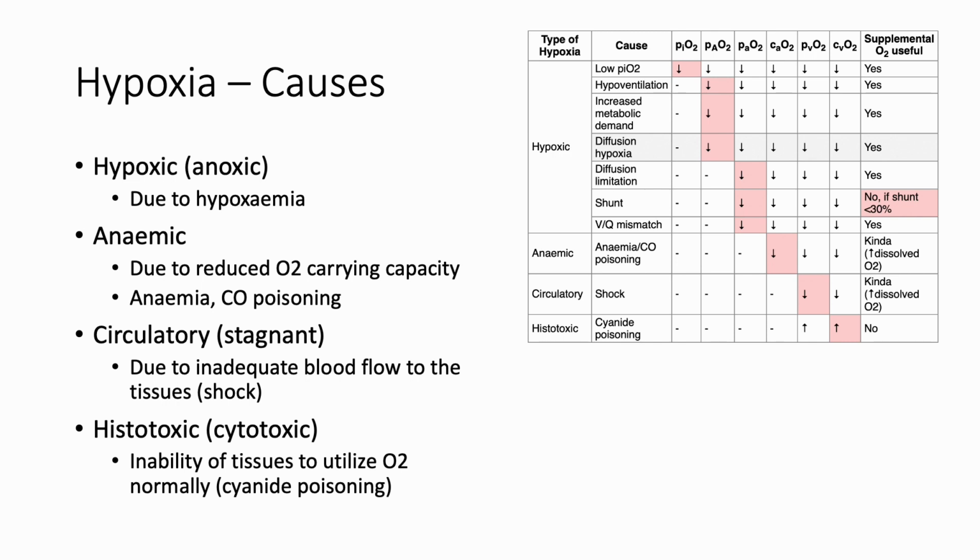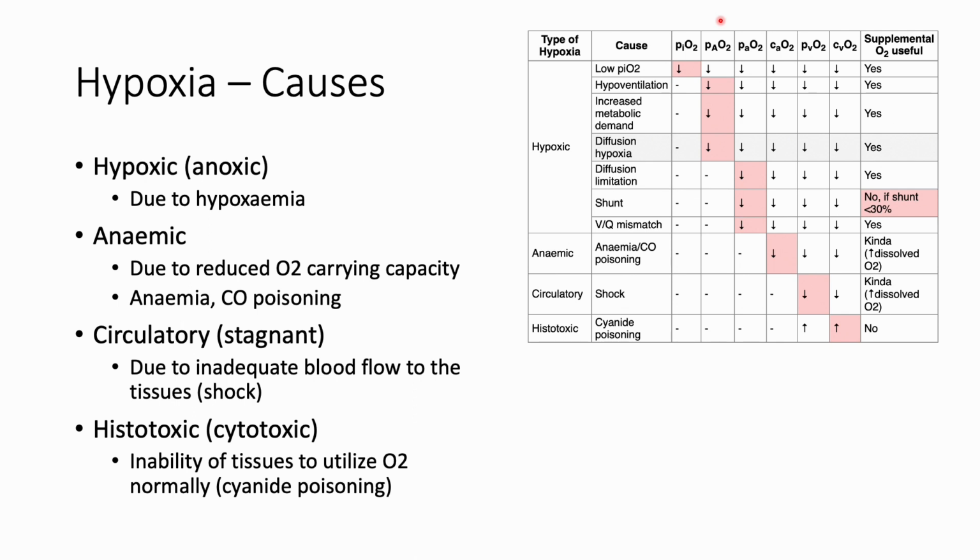So I think it's useful to think your way through these types of tables, which is basically the oxygen cascade in a tabular format. And if you think about all the potential causes of hypoxia and think about at what step it is causing a problem. So what's going to lead to a low inspired PO2? Or what's going to have a normal inspired PO2 but cause a low alveolar PO2?